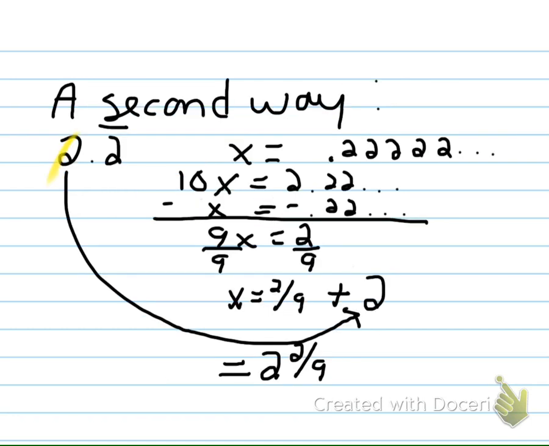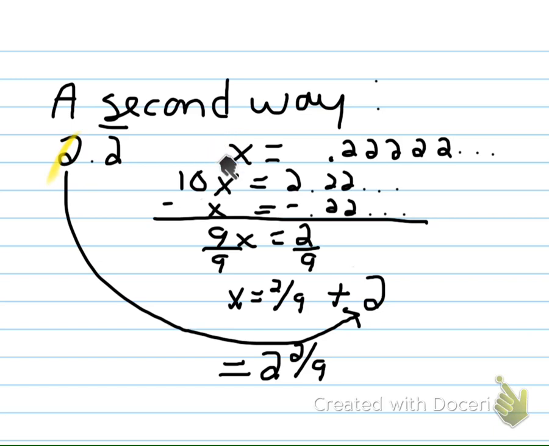Another way that you can write a decimal as a fraction is using the set it equal to x method that I showed you earlier. And you also have this in your interactive math journal. So here, the 0.2 is the repeating part, so I set x equal to the repeating part. Then I need the decimal to move one place because it's just the 2 that's repeating, so I'm going to multiply this by 10 and this by 10.